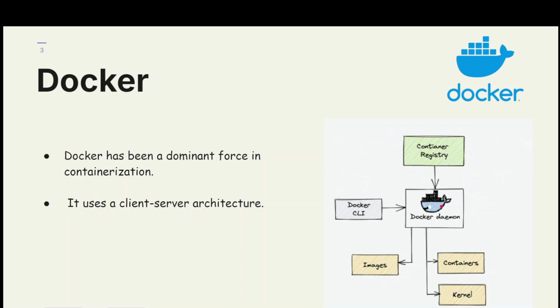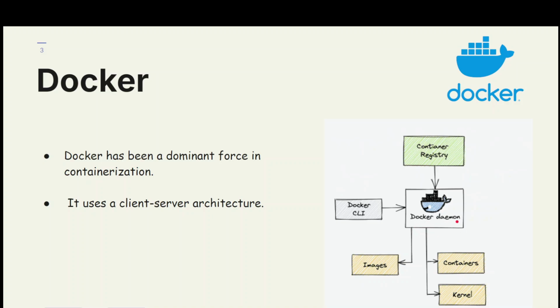Operations like pulling images, creating images, creating volumes and networks, and every operation related to Docker: whatever Docker command we send from the Docker CLI goes to the Docker daemon. The Docker daemon is the process which does all these operations. It is a central process doing all the operations.